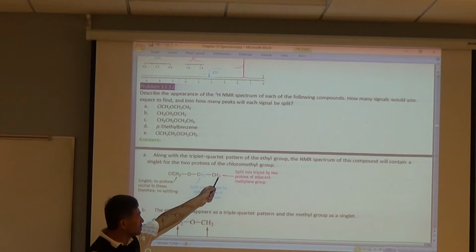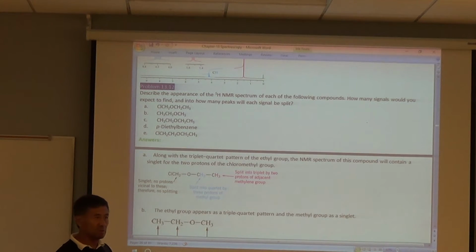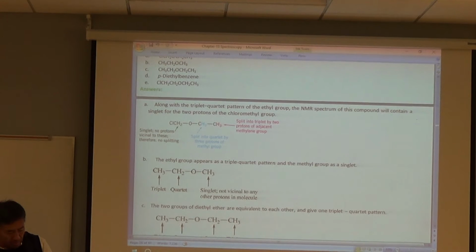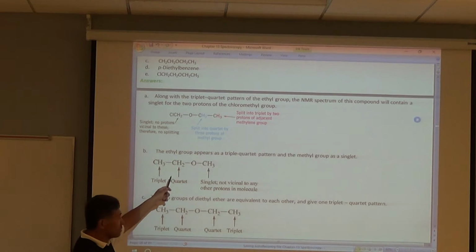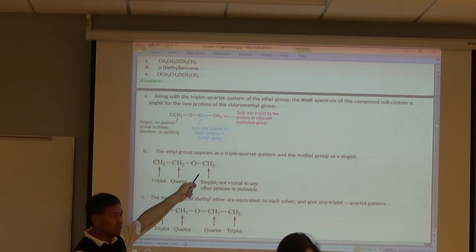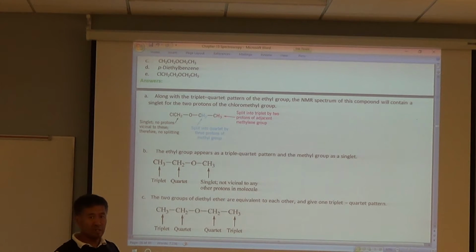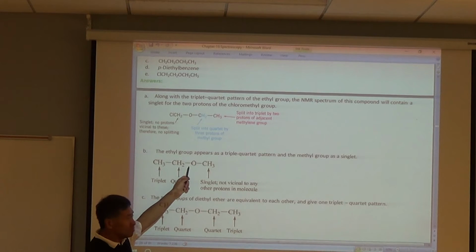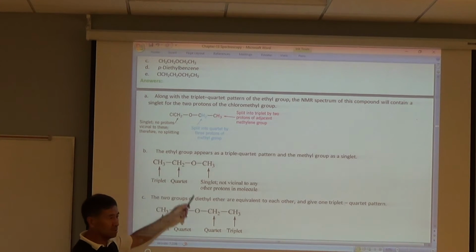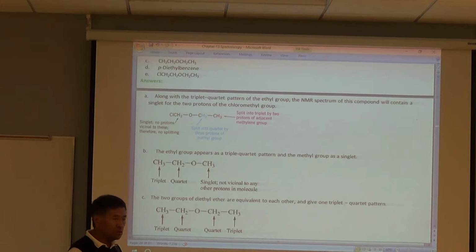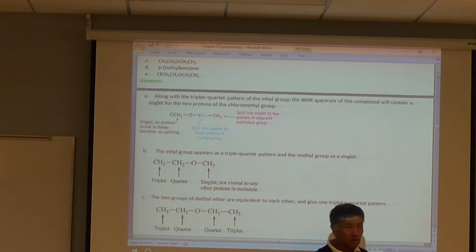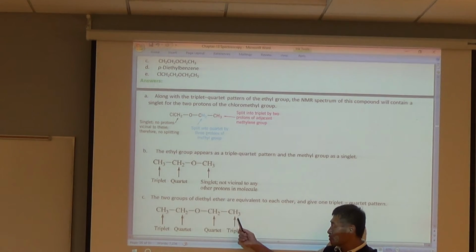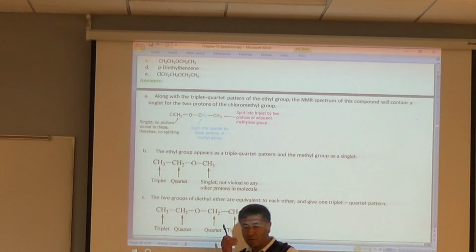This 2H can split the signal from the red H. Another ethyl here, and a methyl here. This methyl you will see as a single line, because there are 3H here, and those H are 4 bonds away from those H. Whether it is 4 bonds or 3 bonds away, H splits the signal of H only on the adjacent carbon.